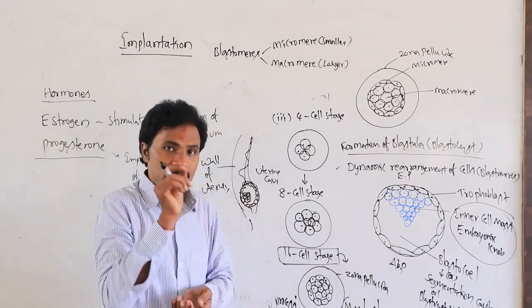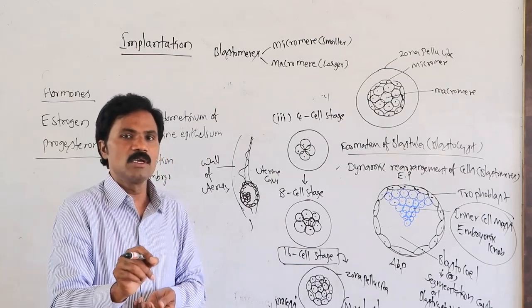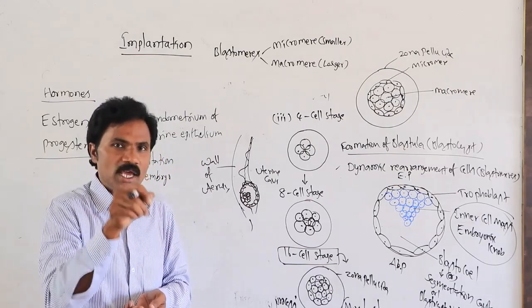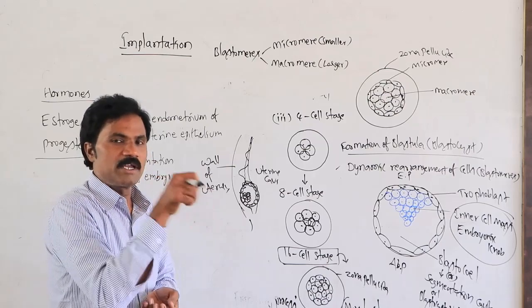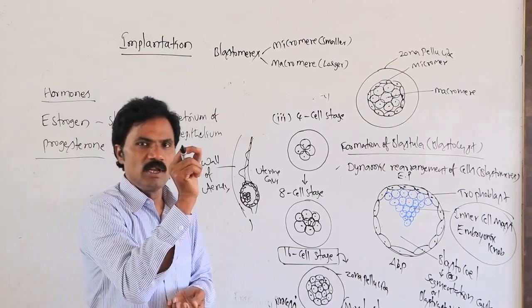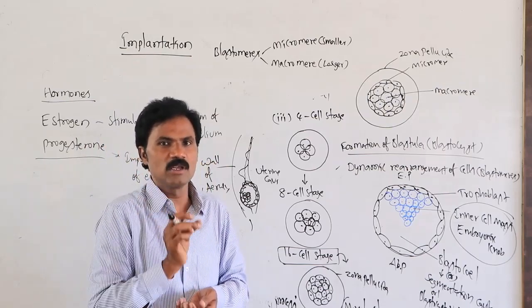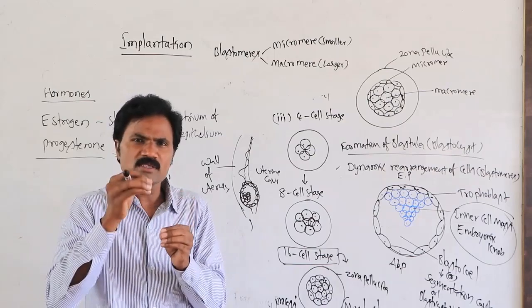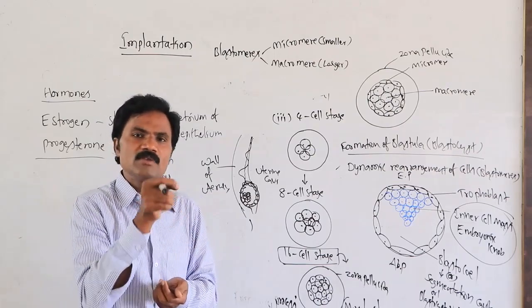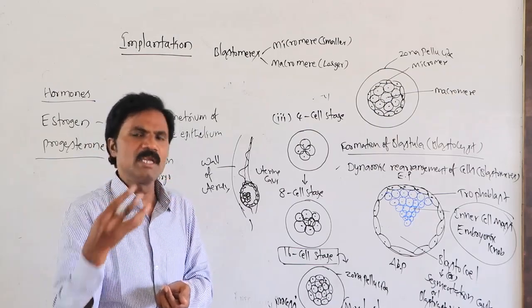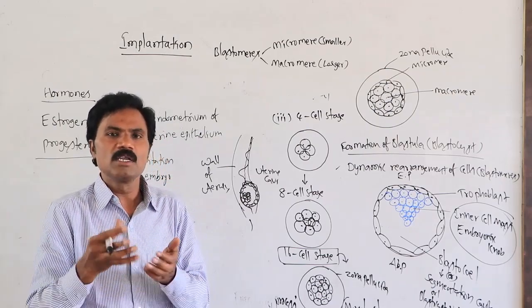Why? Because only the blastocyst stage is ready to attach to the wall of the uterus. On which day after fertilization does implantation take place exactly? If they ask 5th day, 6th day, 7th day, 8th day, you write the 7th day. On average it is 6 to 10 days. Why? Because we do not give an exact day; averaging what many people have observed, it is the 7th day.